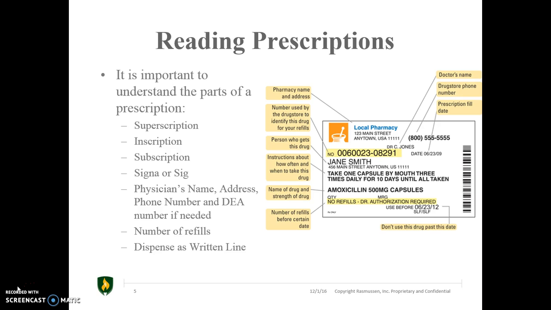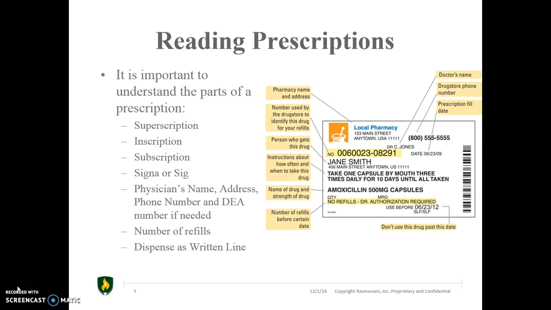You need to be able to understand the symbols, the prescription pad, and the abbreviations that are used. It's also important that you understand the parts of a prescription, such as the superscription, inscription, subscription, signia or sig, physician's name, address, phone number, and DEA number, the number of refills, and the dispense as written line.